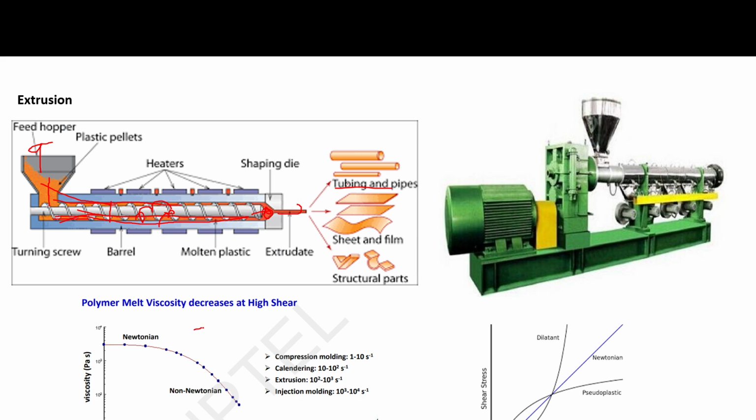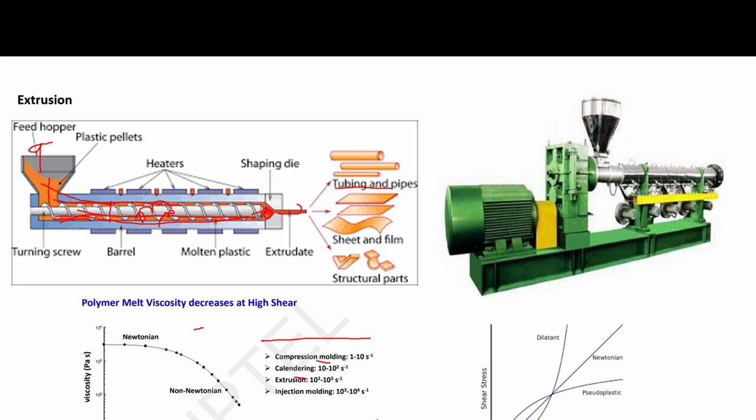For the polymer, when you are talking about shear rate, here we are applying shear rate to the polymers and it becomes a viscous melt solution. Depending upon the shear rate, each instrument has a different shear rate. Like in compression molding, the shear rate is around 1 to 10 second inverse.